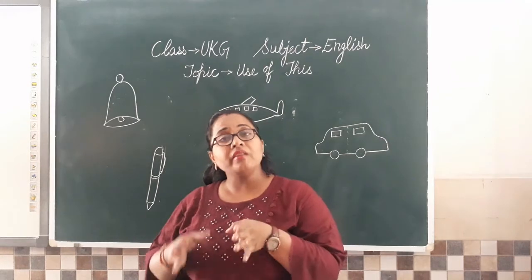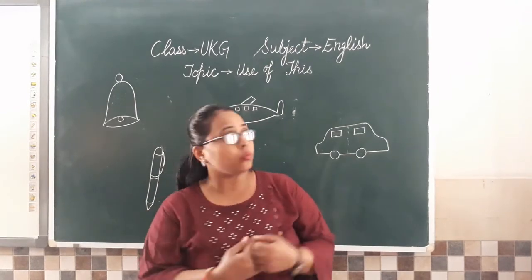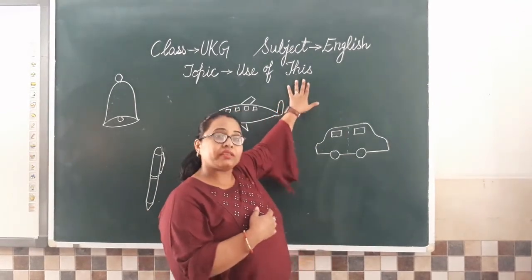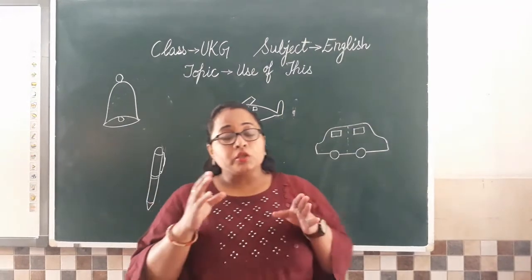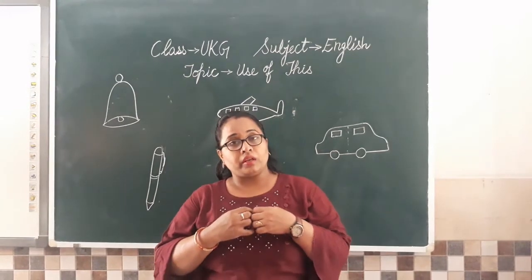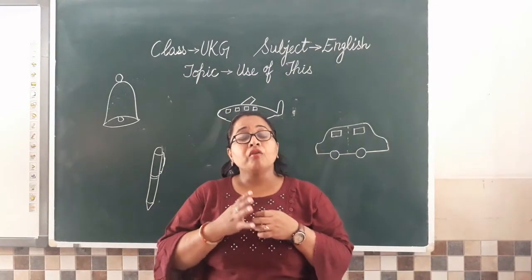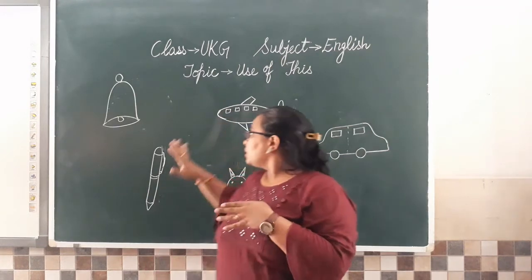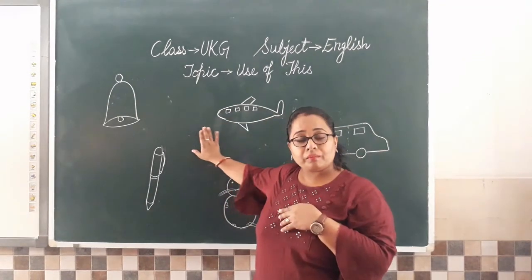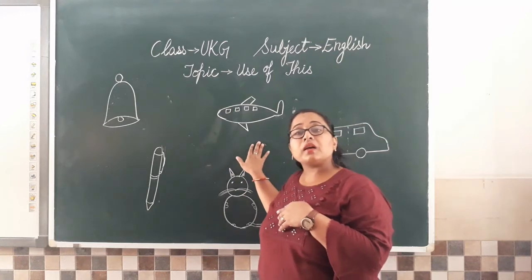So this near and far is also related with the topic use of this. Okay, so how are we going to do this now? See, the objects that are near us, near means close, for them we use this. For example, this is a board. It is near Ma'am, so this is a board.